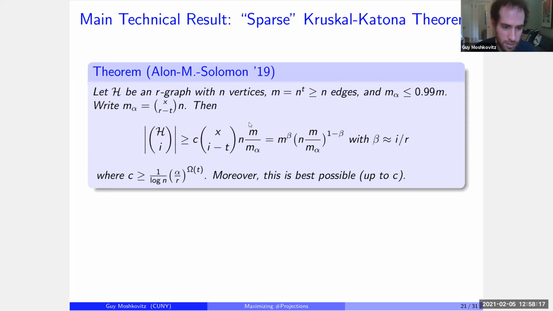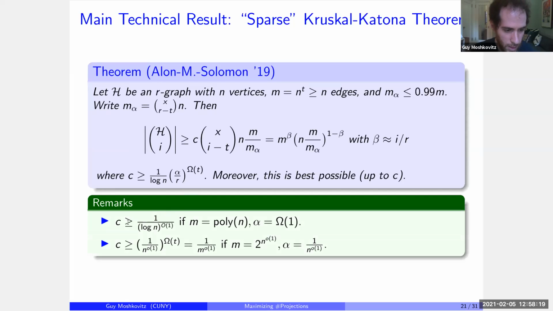We call it the sparse Kruskal-Katona theorem. And as for the error term, if m is polynomial, not too large, and alpha is a constant, so you're projecting on 1/10 of n, then this error term is 1 over log n. So it's kind of negligible. And if m is larger but not too large, sub-exponential, and alpha n is not too small, then you can check that this error term is m to the minus little-o of 1.